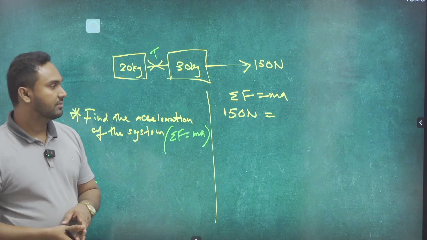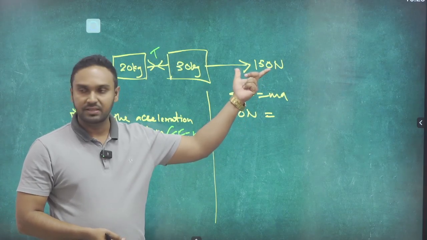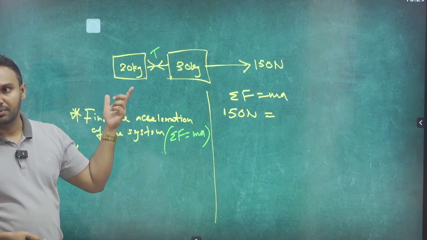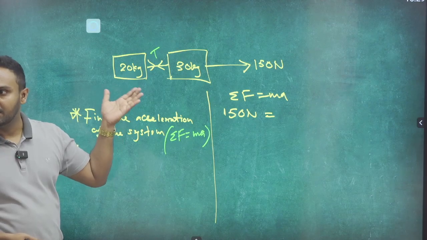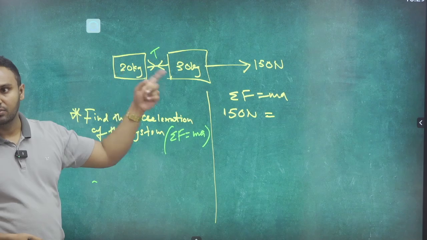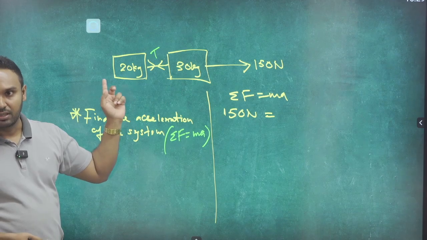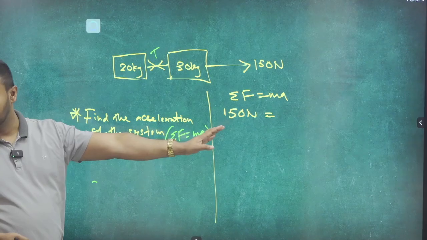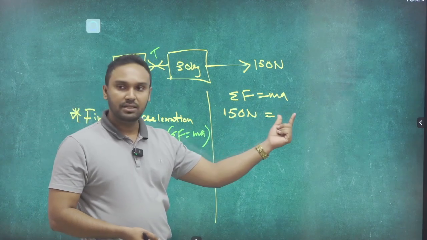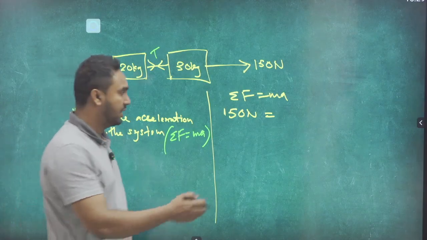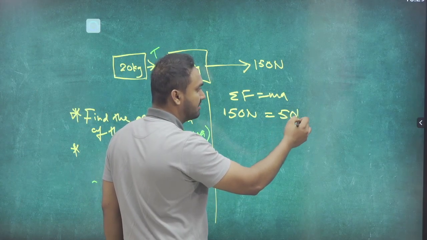The acceleration of the system is affected by the resultant force, which is 150 newtons, and the mass, right? So we are putting sigma F equals ma to the complete system, with both masses, right? So what are the two masses? 30 and 20. So you have to take both masses to get the complete acceleration. So what is the complete mass here now? 30 plus 20, which is 50 kilograms. The complete mass is 50 kilograms.